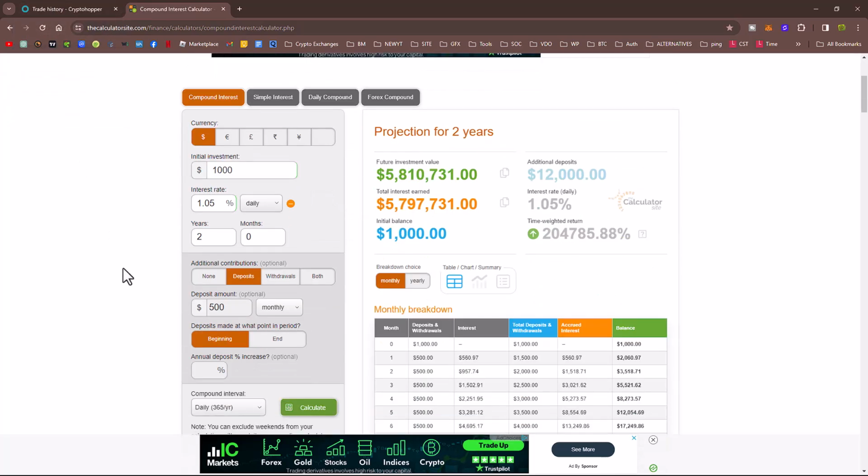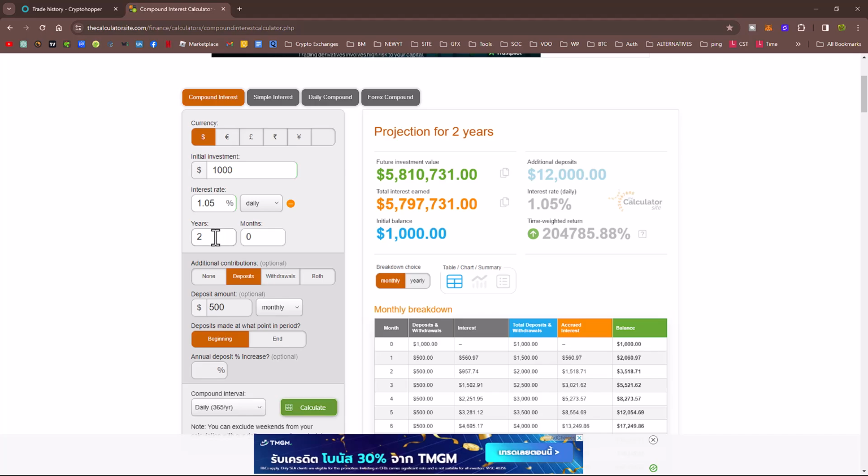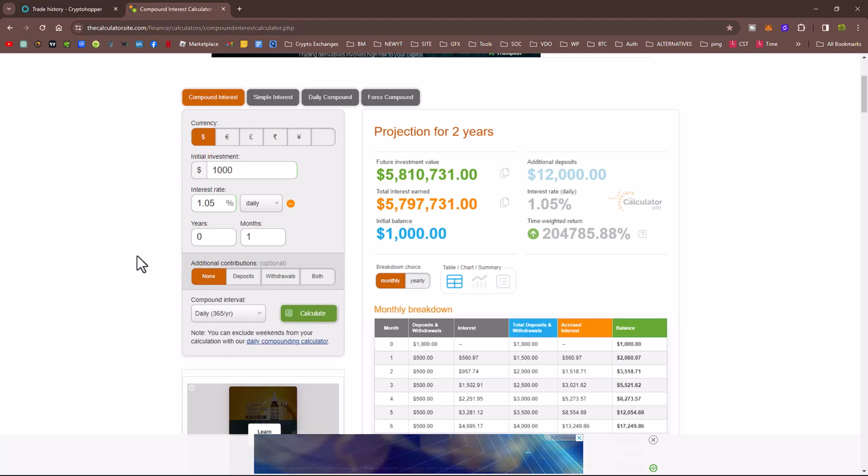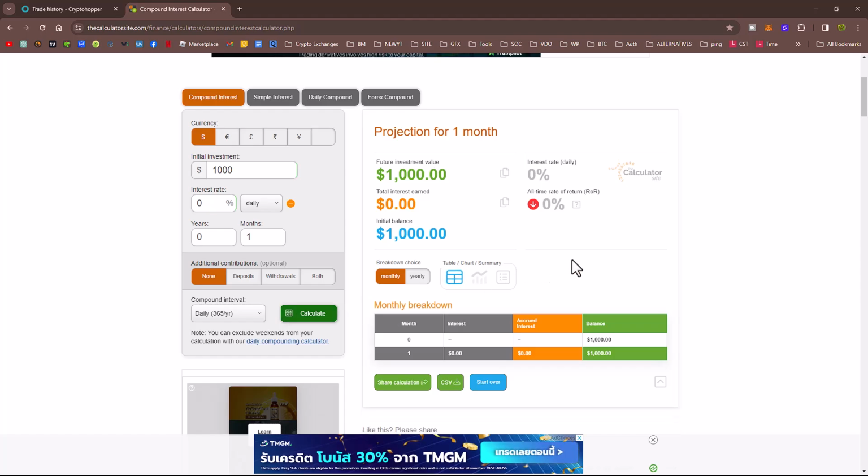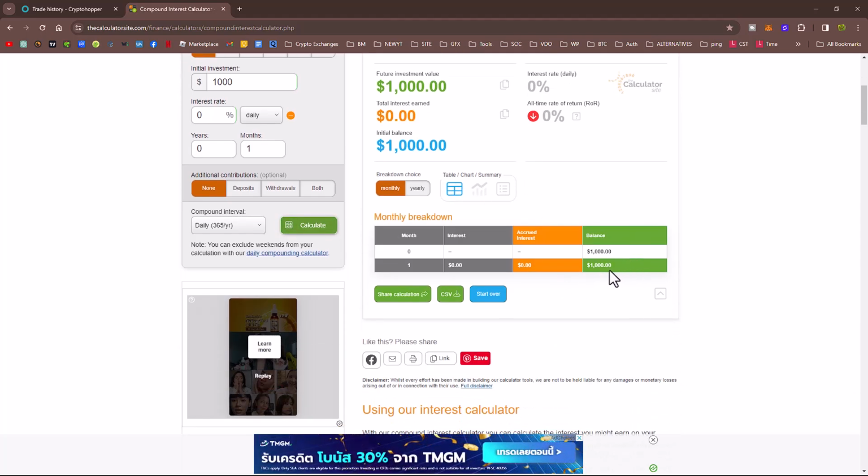I mean, let me prove that to you. $1,000, and we're going to go for just 1 month. And I'm going to put 0 years in there. And we're not going to be putting any money in, so put that. If I make 0% today, which can happen, I've still got $1,000, no problem.